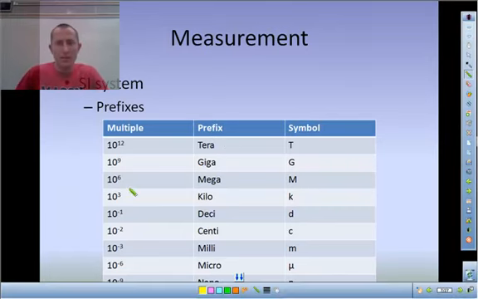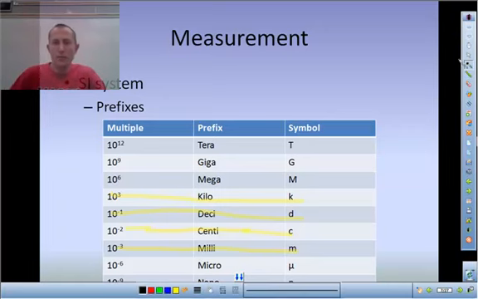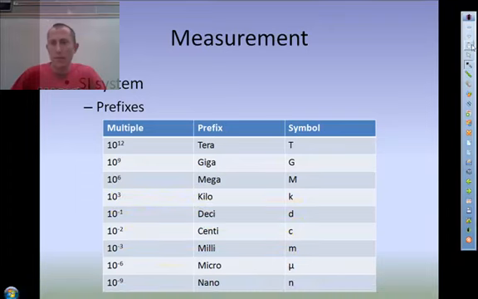On a daily basis, we will be using kilo, we will be using deci, we will be using centi, and milli. On a less regular basis, we'll be using mega and micro and nano, depending on what we happen to be talking about at that particular time. But you need to be familiar with all 12 of these particular prefixes.